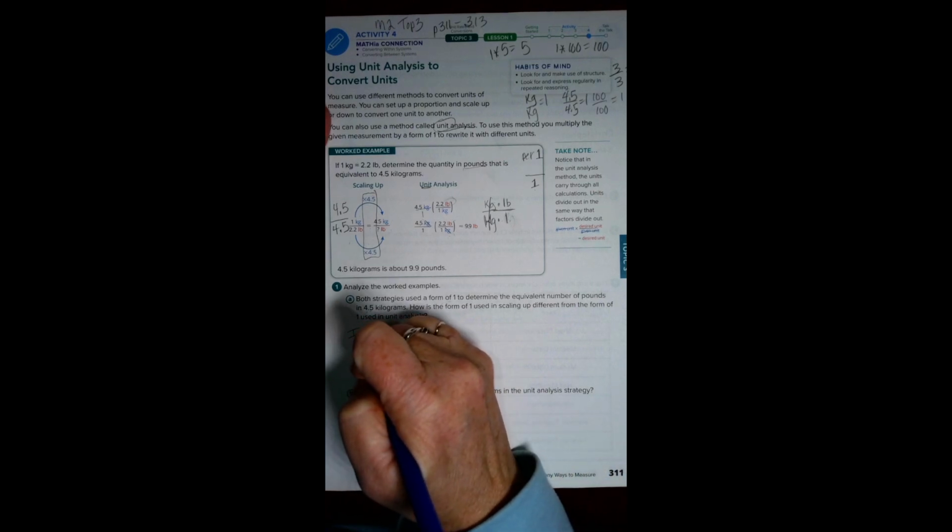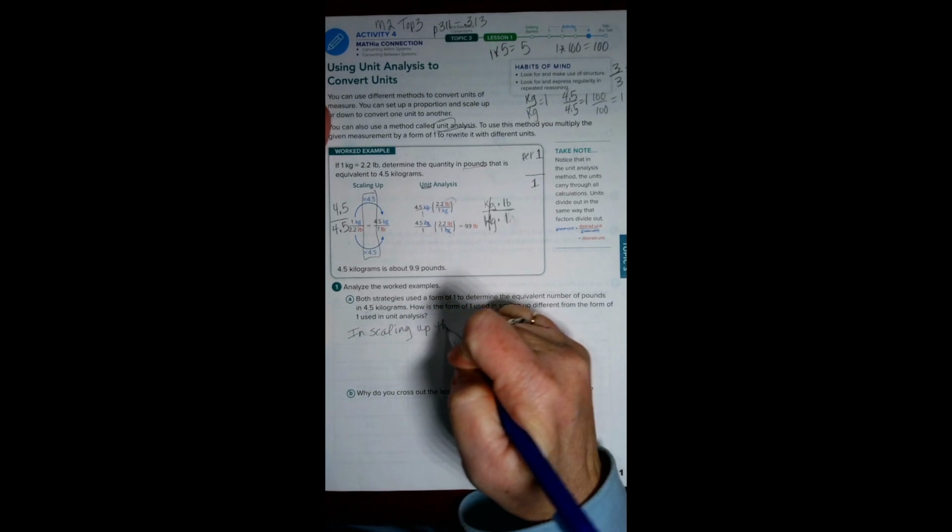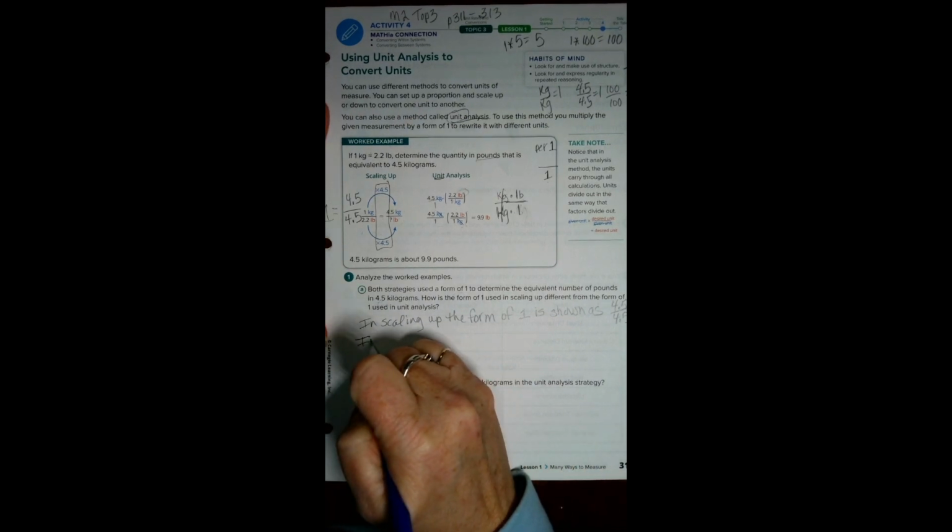So in scaling up, the form of 1 is shown as 4.5 over 4.5. Okay. In unit analysis, so that's this second way.